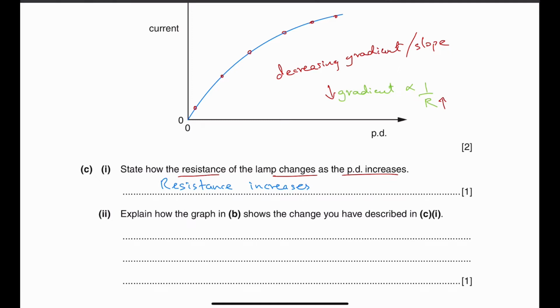Well, we just discussed it, that it's the gradient of the graph which basically tells me whether the resistance is decreasing or increasing. So I should write, for an IV graph where the current is on the y-axis and the potential difference is on the x-axis, gradient is inversely proportional to resistance.